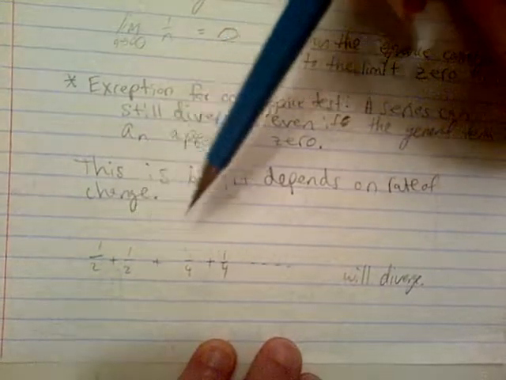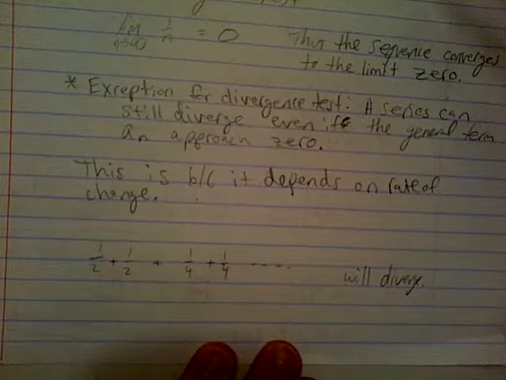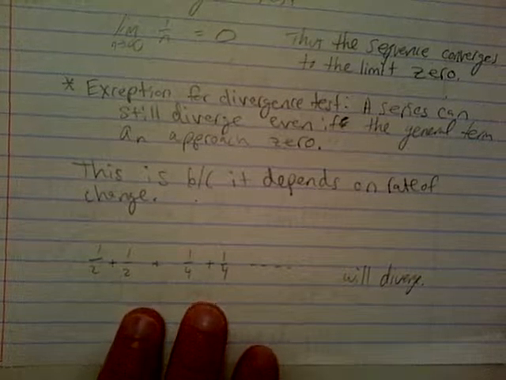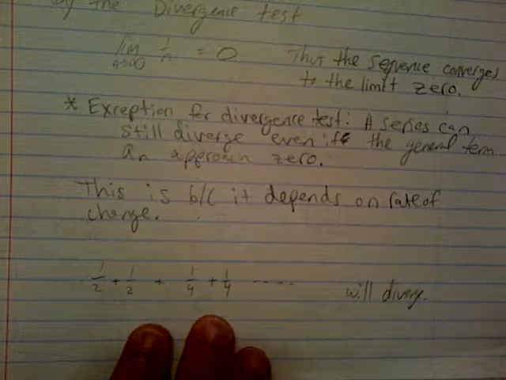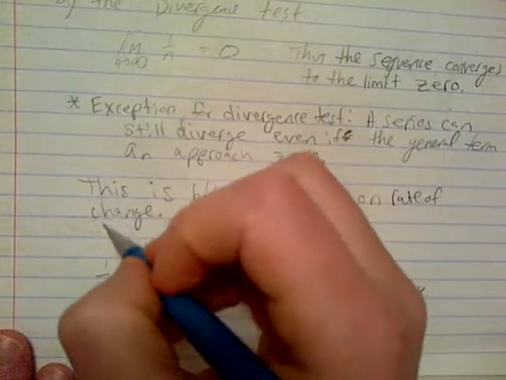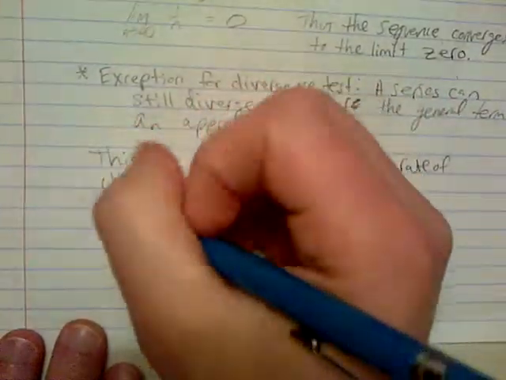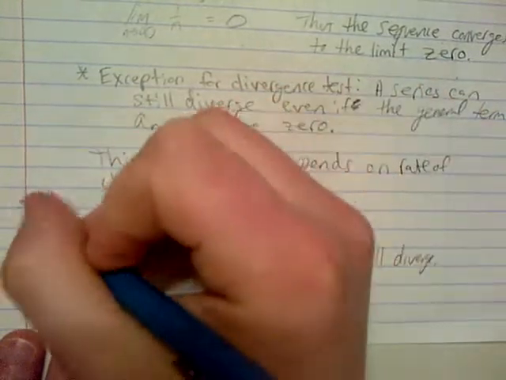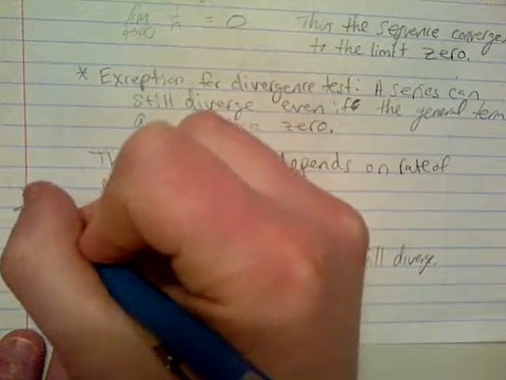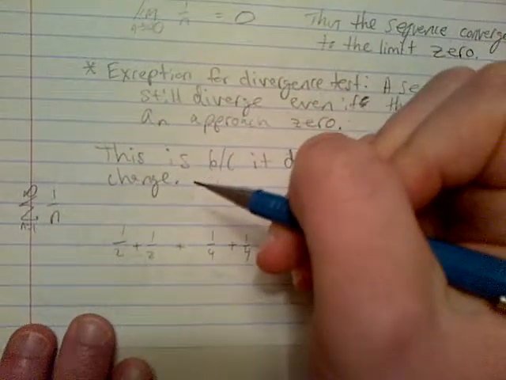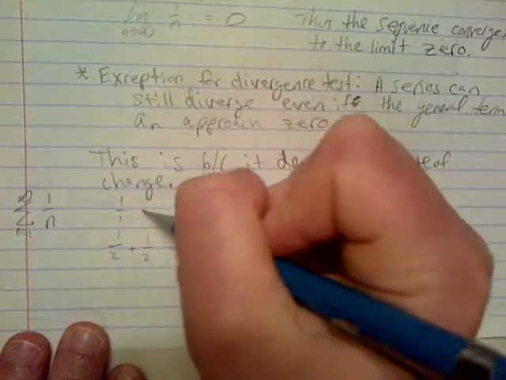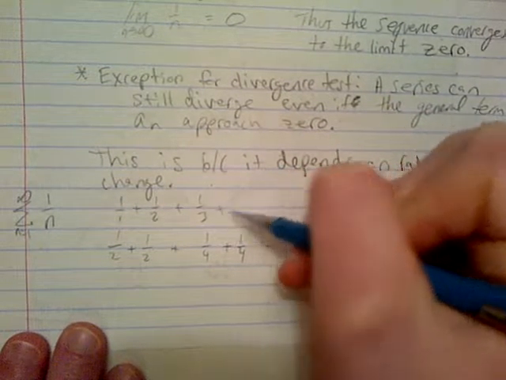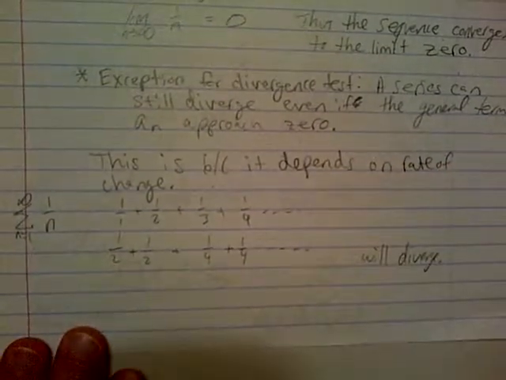Now, the way that this reference shows it is unique, because I didn't see this before. They showed the harmonic series, the sum of 1 over n from n equals 1 to infinity. So this is 1 over 1 plus 1 over 2 plus 1 over 3 plus 1 over 4, and so on.